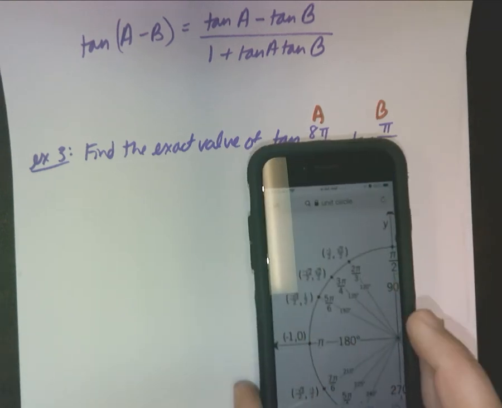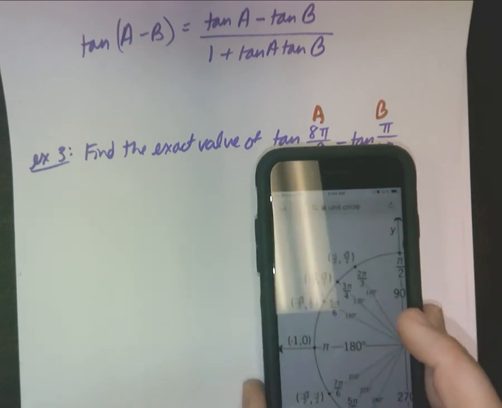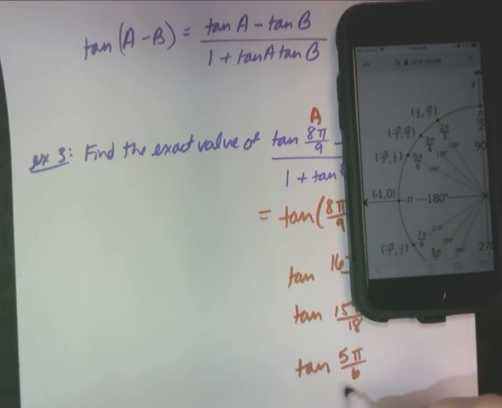Okay. Tan, remember, is your sine divided by your cosine. So it would be 1/2 divided by negative root 3 over 2. Same, change, flip.